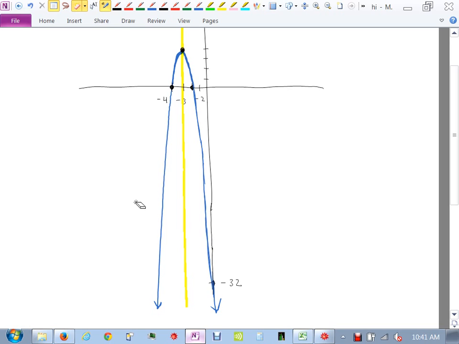Okay, let me give you a couple of problems to do for homework. The homework's not going to come out of the book. All of these I want you to graph.